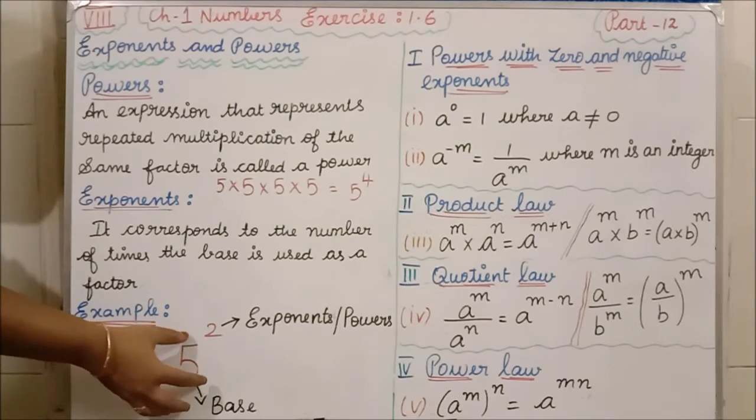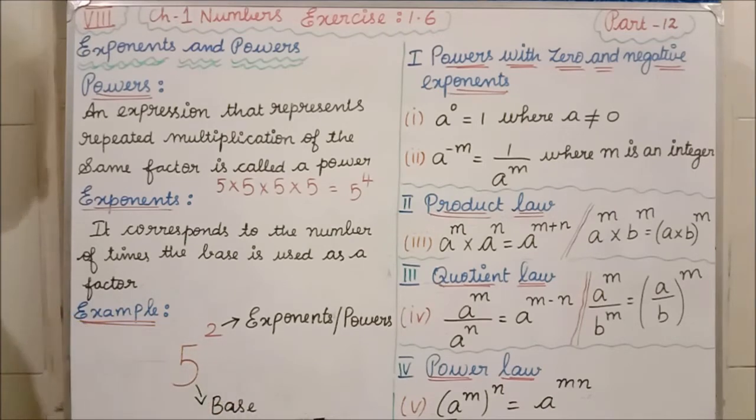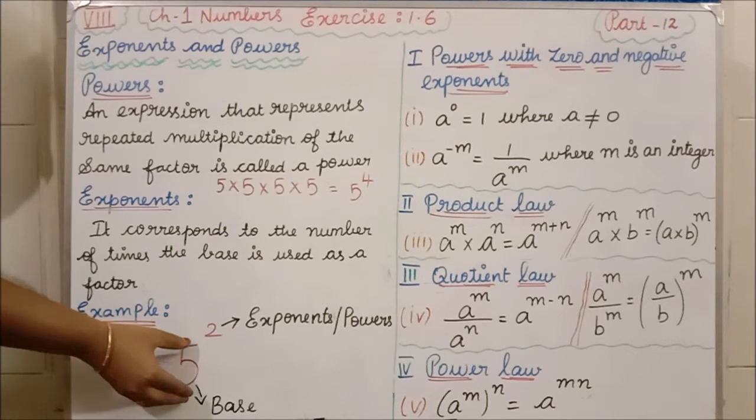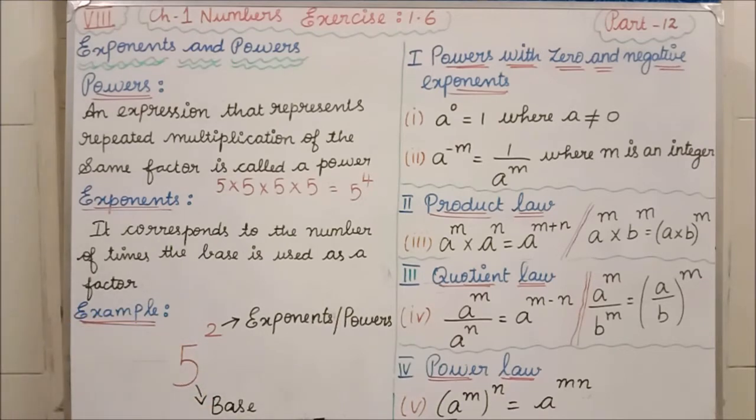This 5 is called the base. Clear all of you? This 2 we sometimes say as exponent or power, and this 5 is the base. Clear students? We have some formulas, and with those formulas we are going to start the exercise. So you have to be thorough with the formulas.